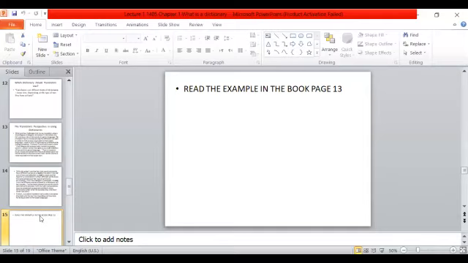As an example, let us analyze the word needle as a dictionary entry in Oxford Advanced Learner's Dictionary. Under the head word needle, there are at least 6 sub-entries to the word as a noun. For sewing, number 1, a small thin piece of steel that you use for sewing with a point at one end and a hole for the thread at the other, a needle and a thread.